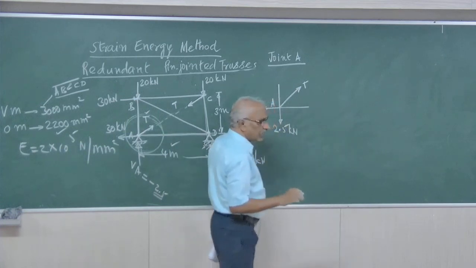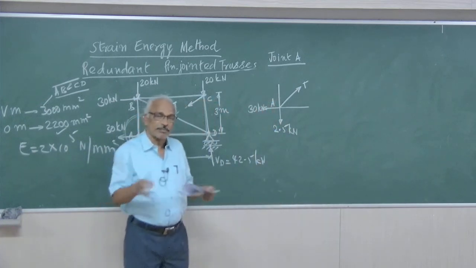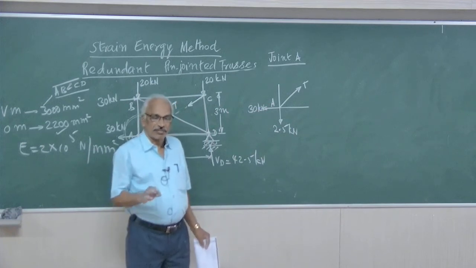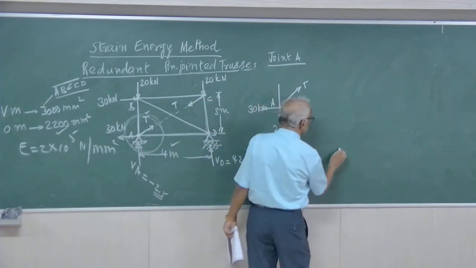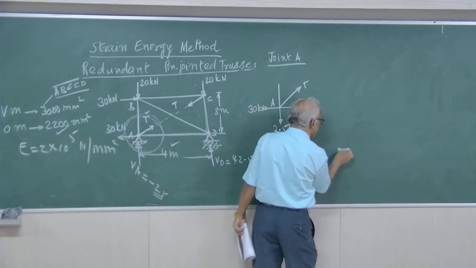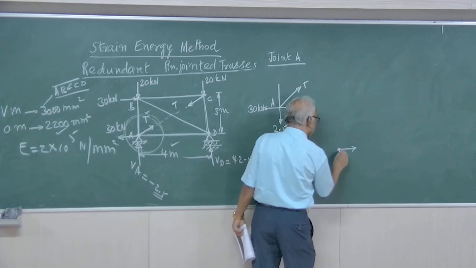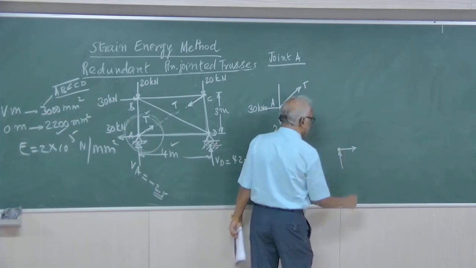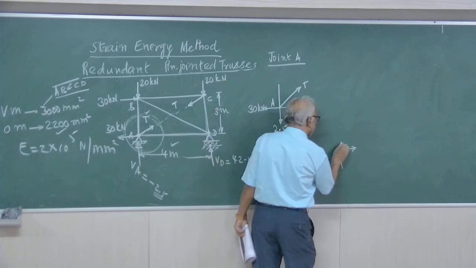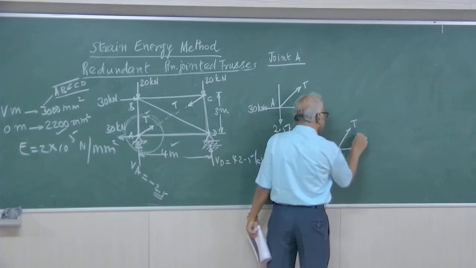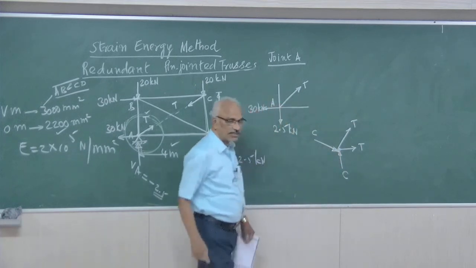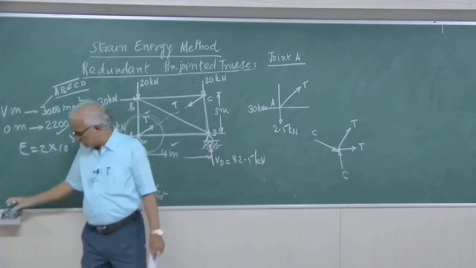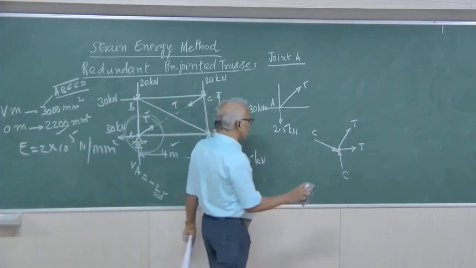Initially you assume all members to be under tension. All members under tension means mark away from the joint. If it is a tensile force, mark it away; if it is a compressive force, mark it towards the joint. Compressive means towards the joint, tensile means away from the joint. This is basic that everybody may be knowing.